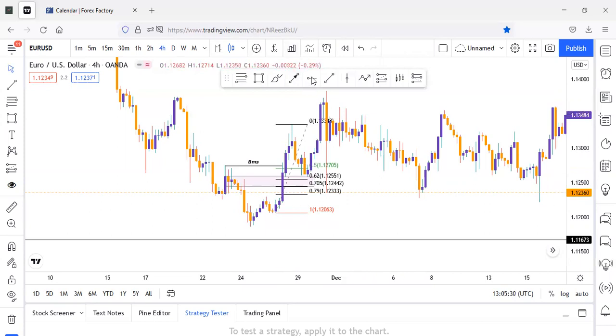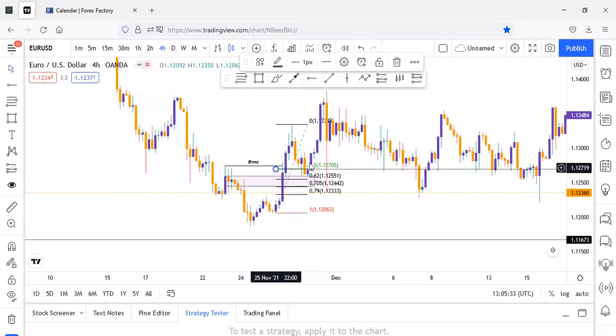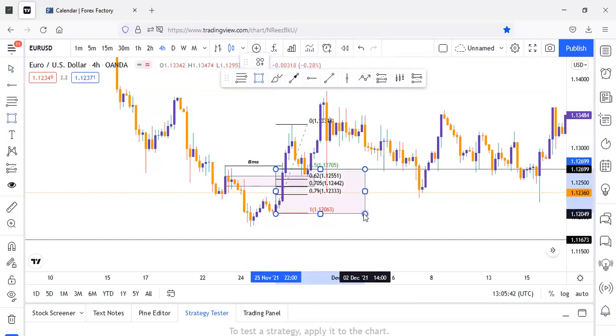Then I mark up my 50% level. This is my 50% level. I don't need to target anymore. I hope you guys can see that, very, very clear. Then I mark up my discount price. Marking up my discount price, I realized that there's a breaker block here, and also there's another block here, an order block.